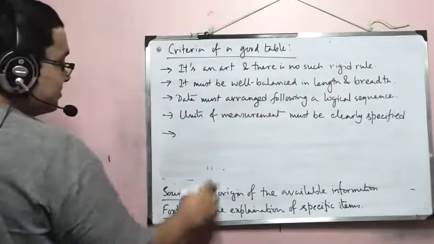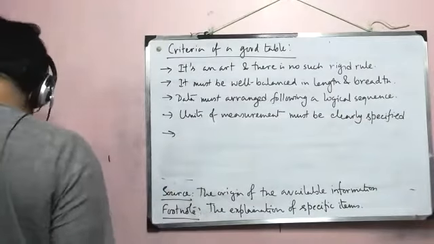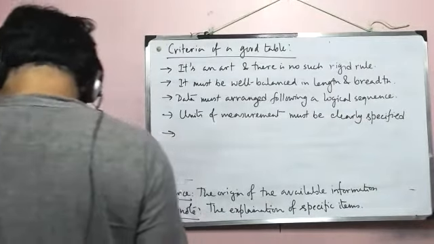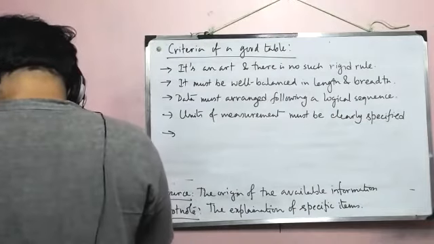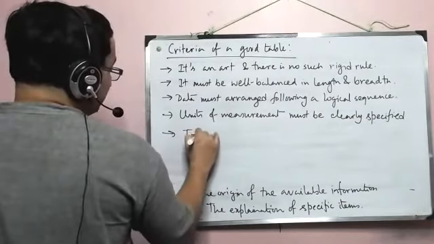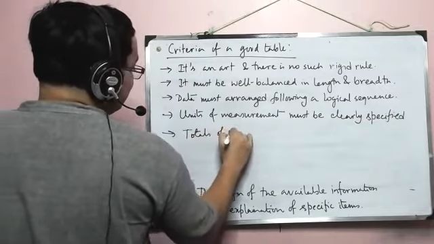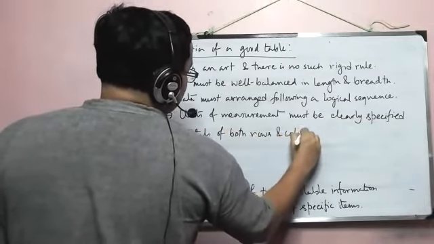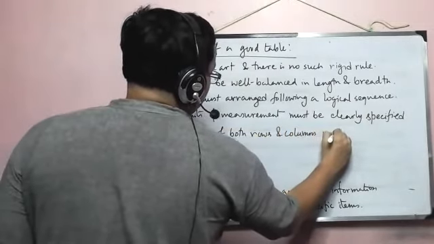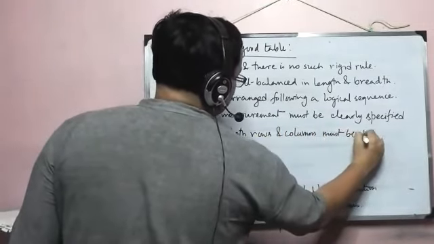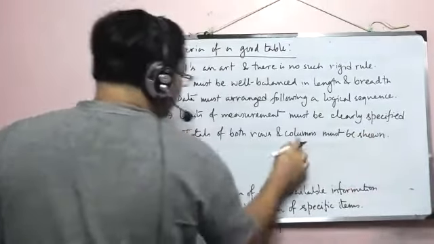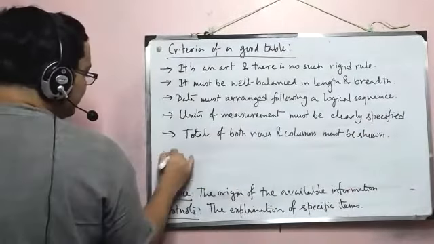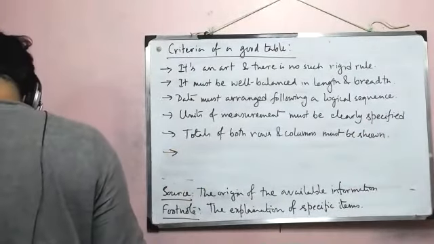And in many cases, what happens is you just don't write the unit of measurement at all. Okay. Then comes what I was saying. So totals of both rows and columns must be shown. But then again, if any of the total are completely meaningless, then you don't do that. Okay.